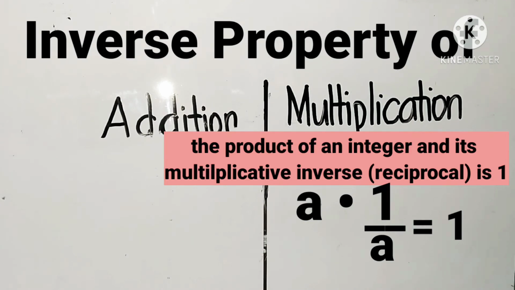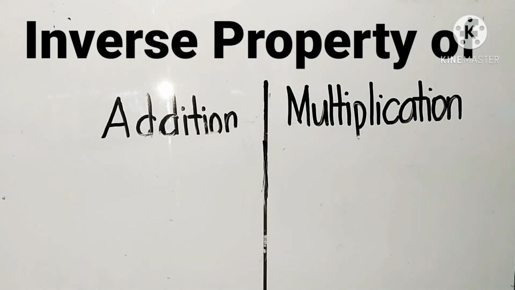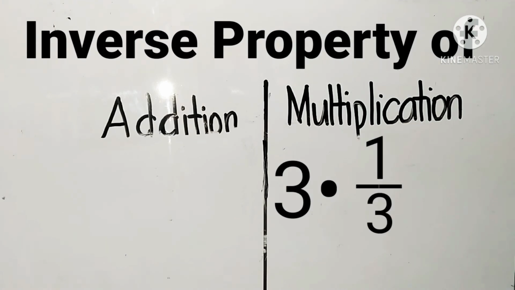Bakit po bawal mag-0? Dahil po pag naging 0 ang ating a, we will have an indeterminate result. For example, you were given 3. What is the multiplicative inverse or reciprocal of 3? That is 1/3 or 1 over 3. Multiply 3 and 1/3, the result is 1.